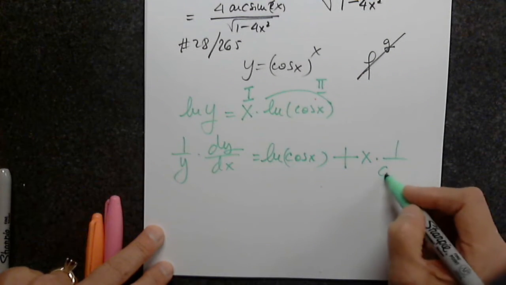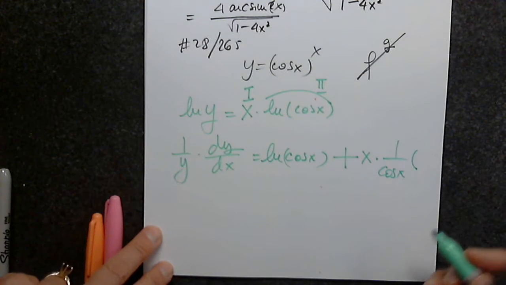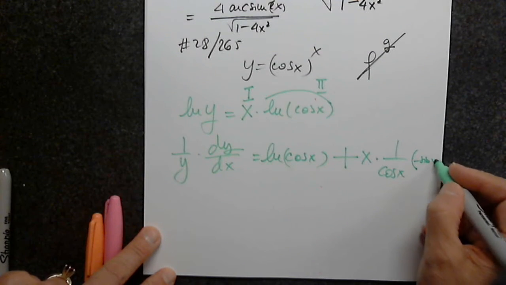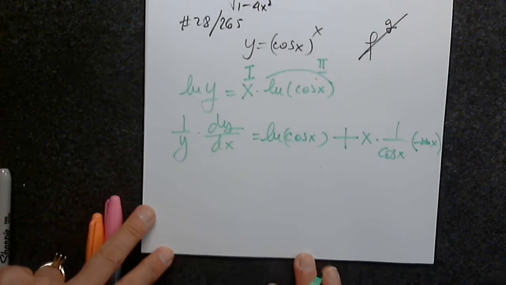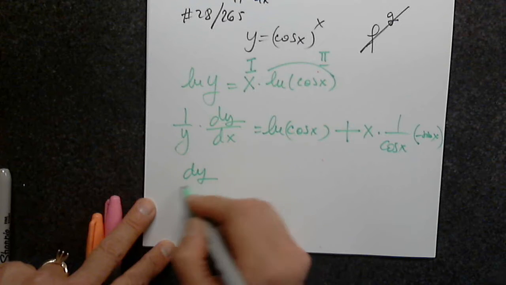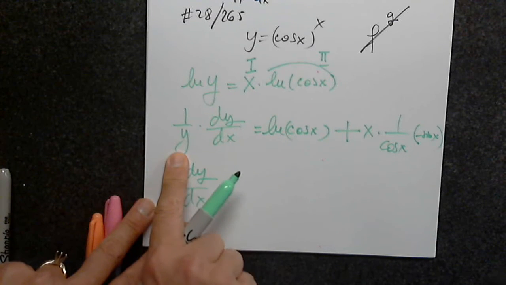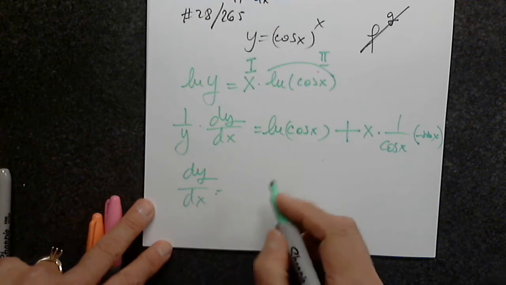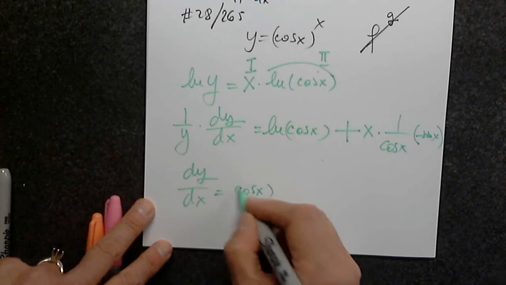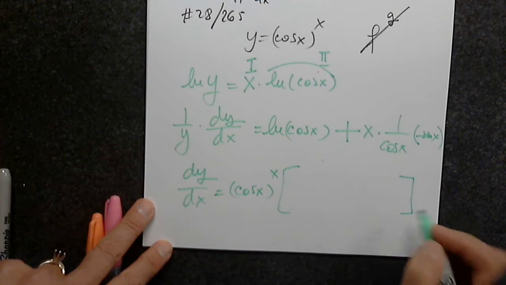Very good. 1 over cosine x, but times negative sine x. So then dy over dx, we have to multiply both sides by y, which we have to replace by cosine x raised to the x power.